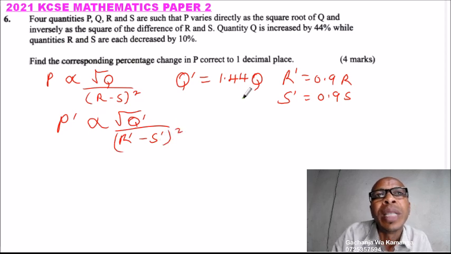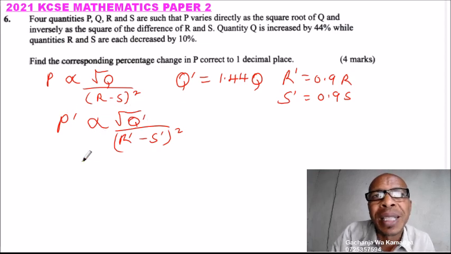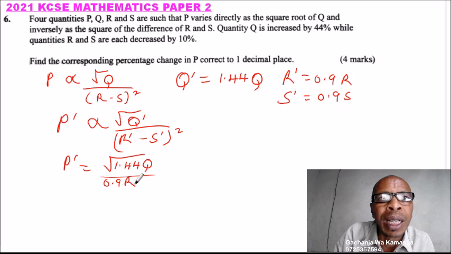So what you do is you now replace our new Q with these values. You can skip this step, but this is just for demonstration. Our new Q is the square root of 1.44 of the old Q. You divide by 0.9 of the old R minus 0.9 of the old S, and this is squared.